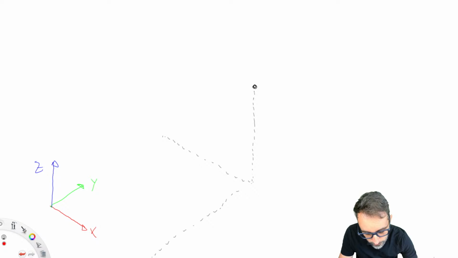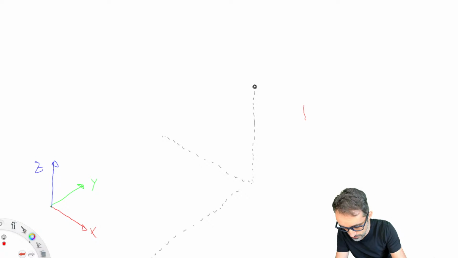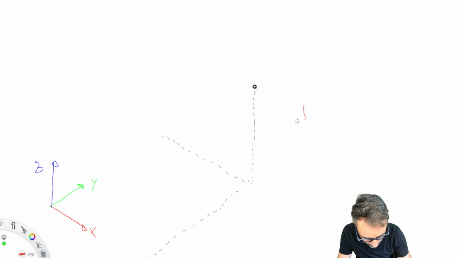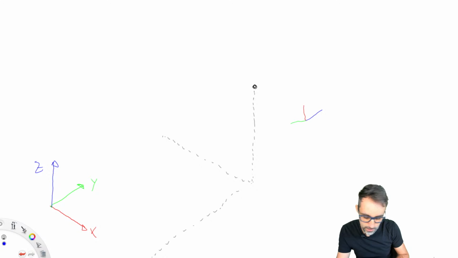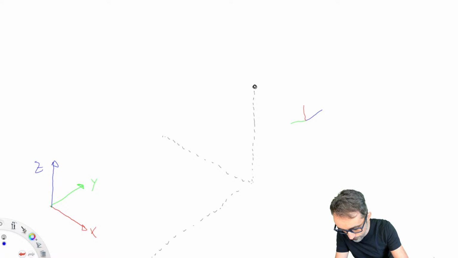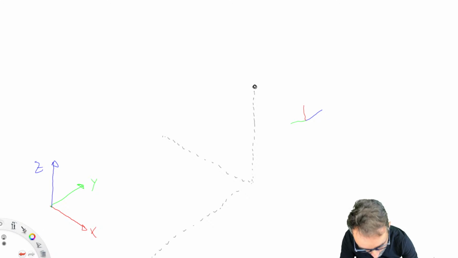Maybe I have another coordinate system here, for example, and then here, and then maybe here. And now what we want to know is what are the coordinates of that point in this other one, right?